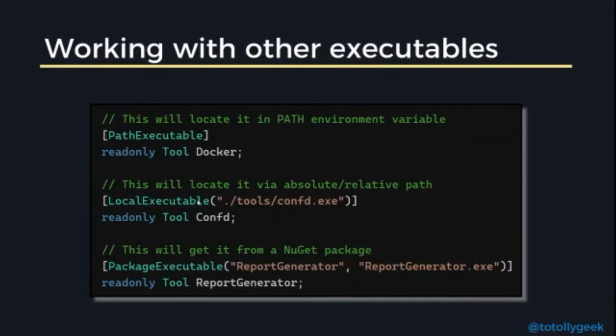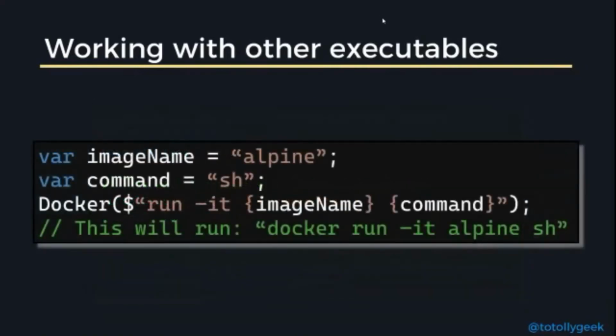I can easily go on and execute it. So you can also locate it via absolute or relative path. So I know that I have a special tool somewhere in that folder. Please link that to it. Or I can do it from a NuGet package, which is another very cool way of distributing CLI tools. And how do you do that? This is a very simple call with a task.